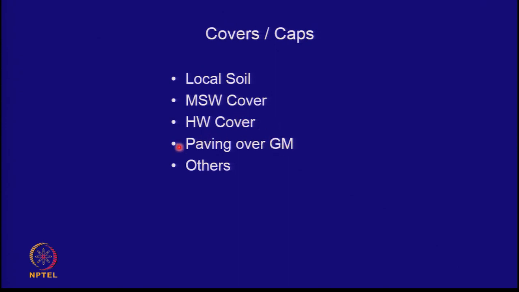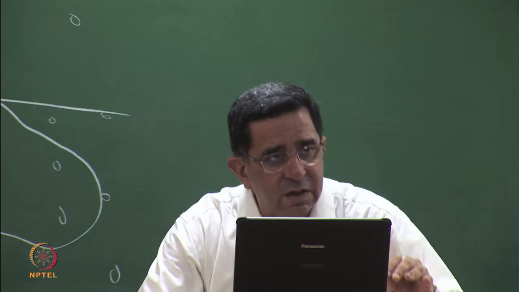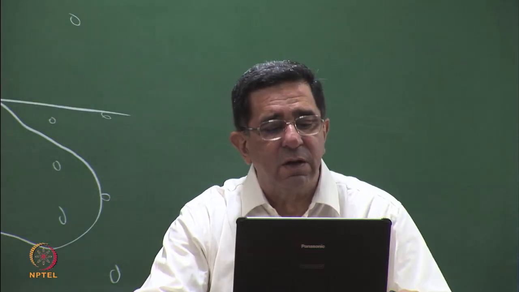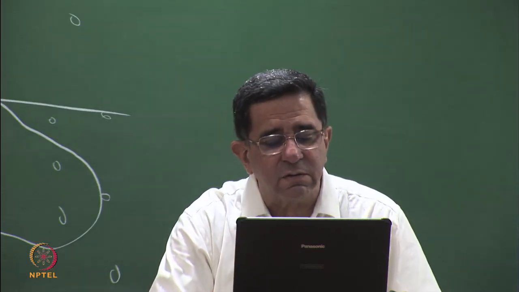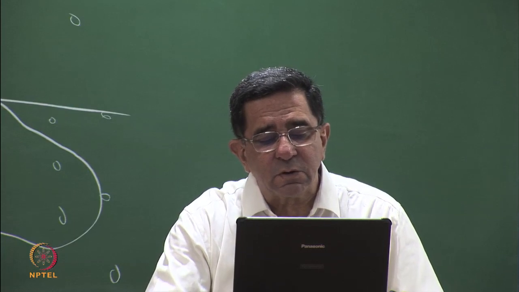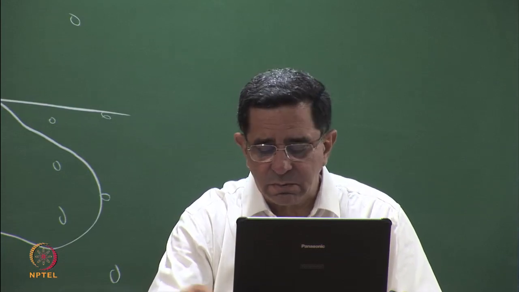Sometimes you will also put a paving over geomembrane, but the tendency is to cover it in a manner that further release is reduced. If you cannot remove the source, you have to cover it in a manner that the further release is reduced. So here we don't have much to do.